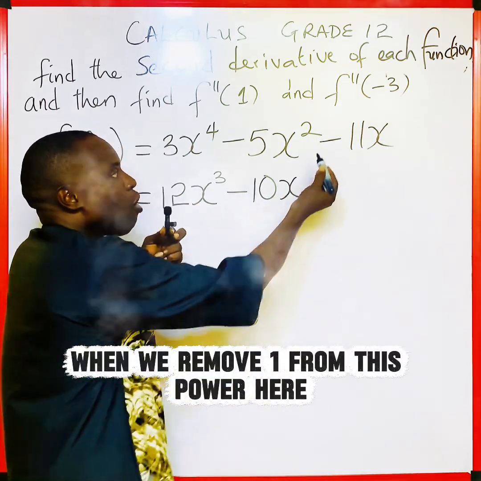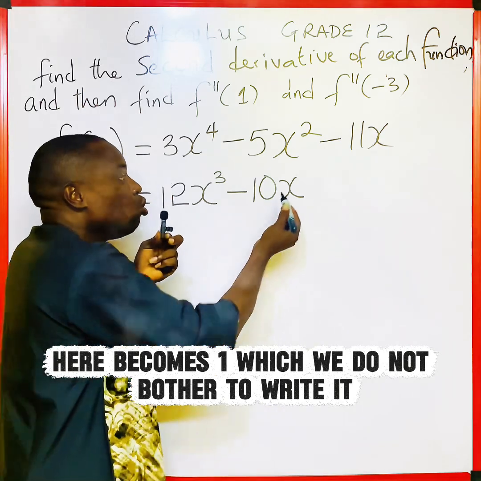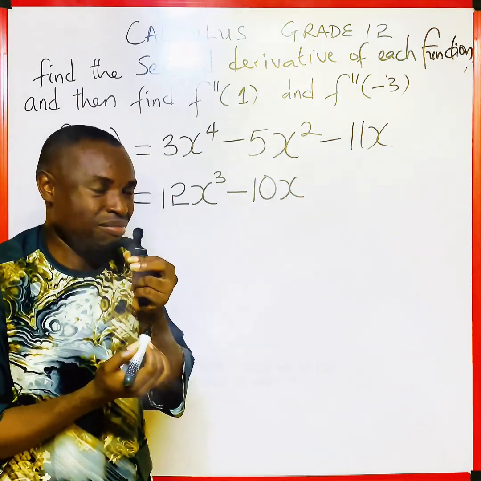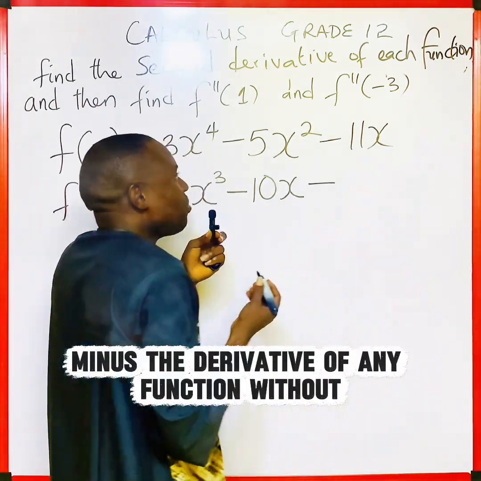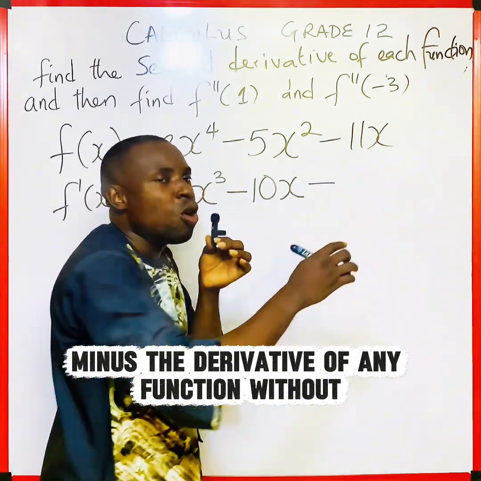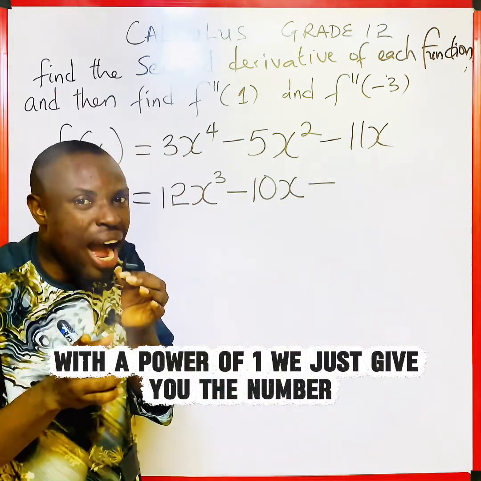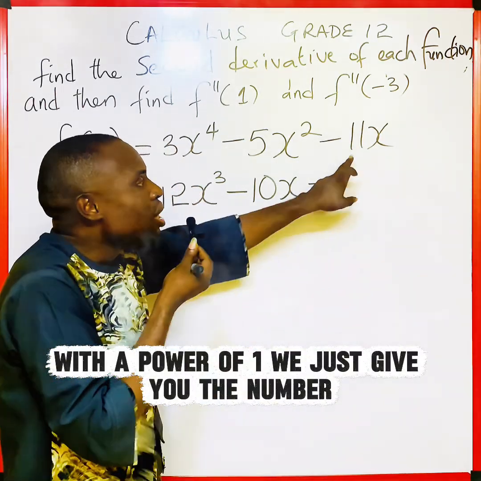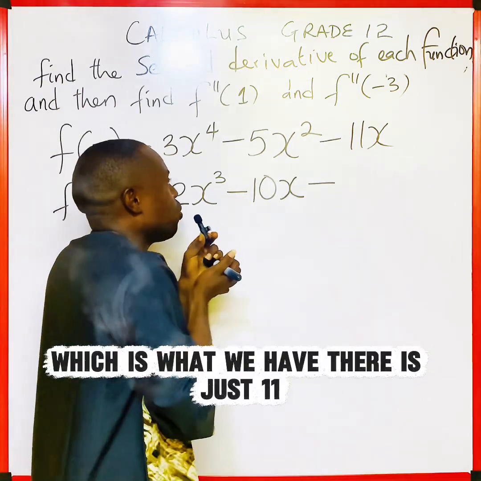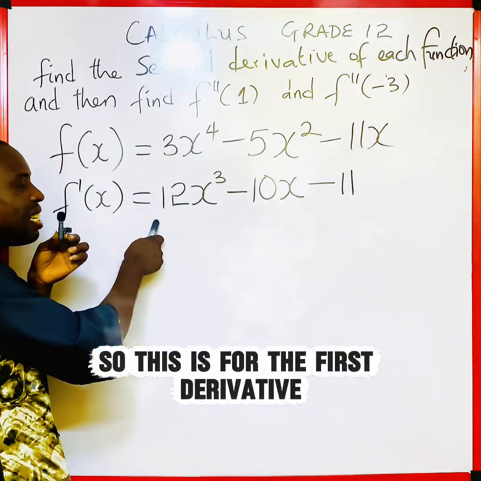When we remove 1 from this power, here becomes 1, which we do not bother to write, minus the derivative of any function with a power of 1. We just give you the number, which is just 11. So this is for the first derivative.